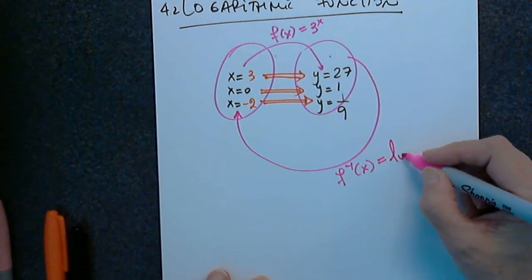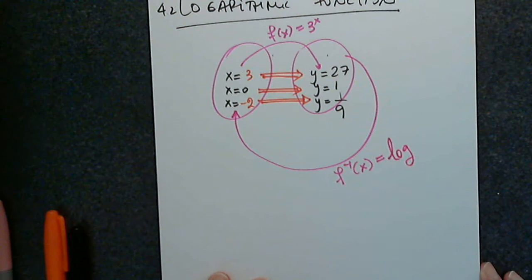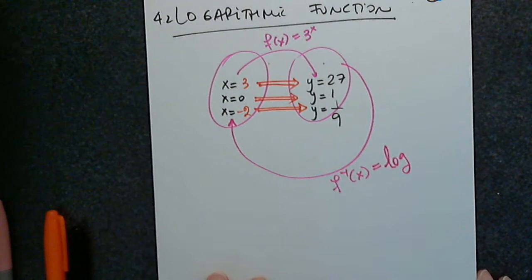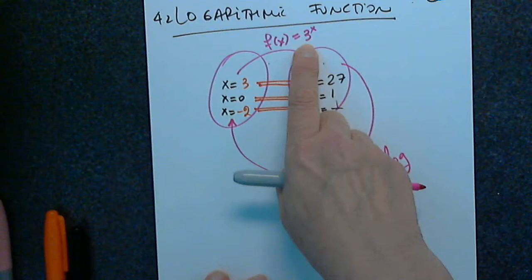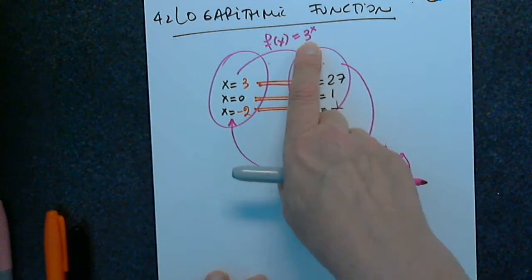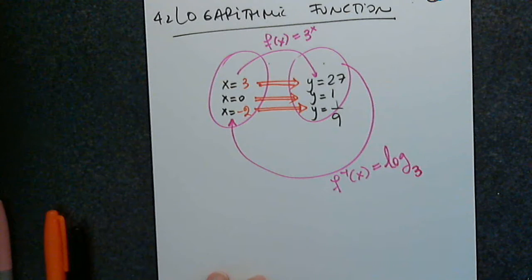So log, it stands for log. What do you think the base must be? It has to be the same base. If we are talking about the function having base 3, the inverse function has to have the exact same base, because otherwise it's not going to work. We're not going to get them to be inverses.